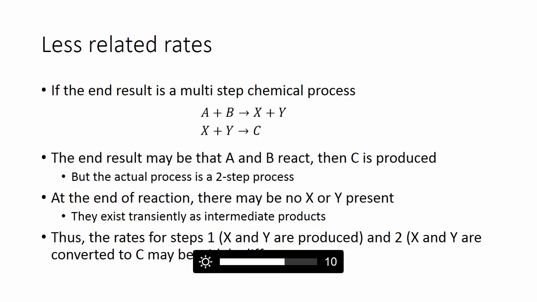So the rates for step 1, X and Y being produced, and step 2, X and Y being converted to C, may be widely different.